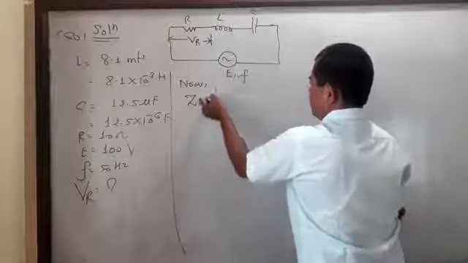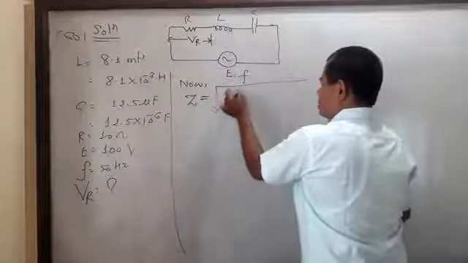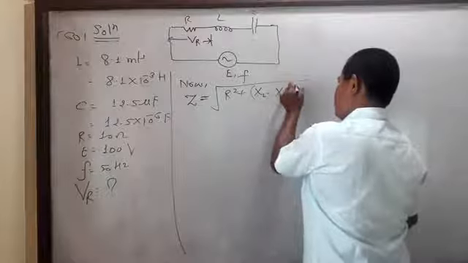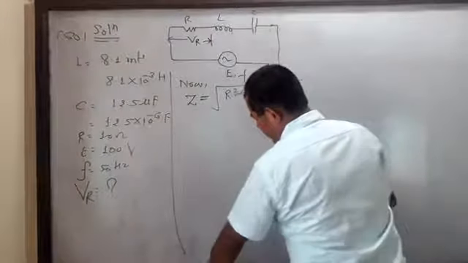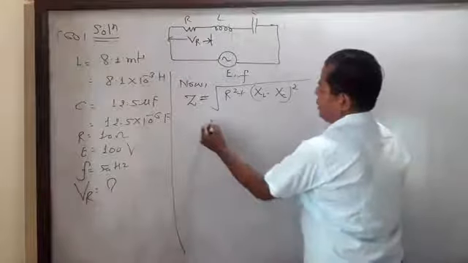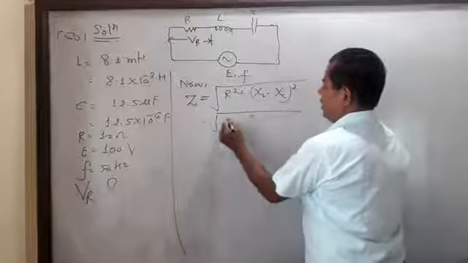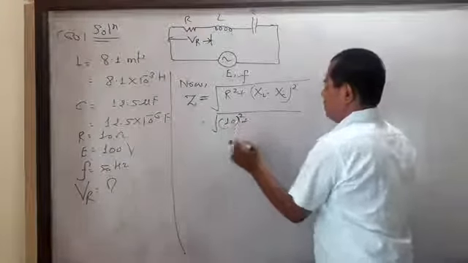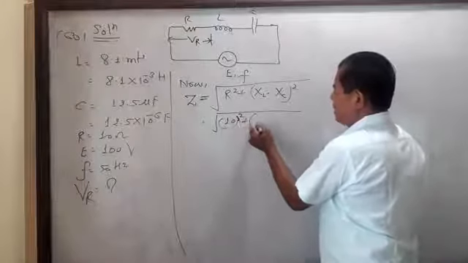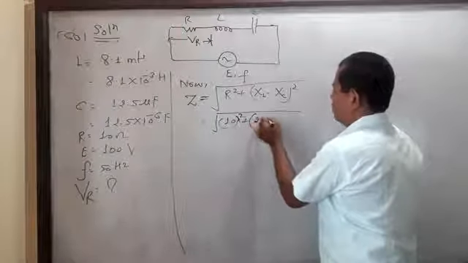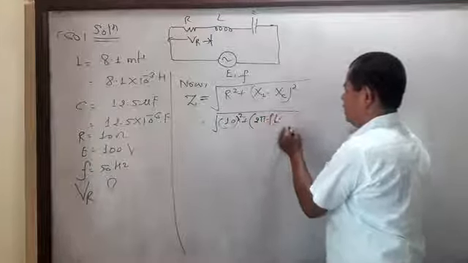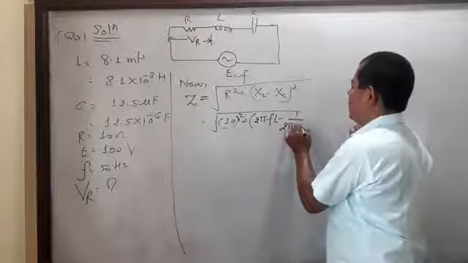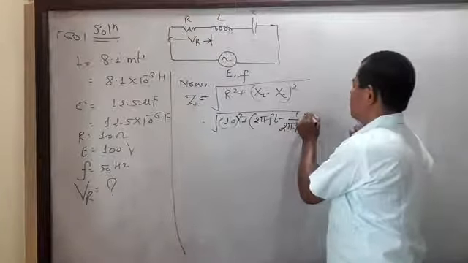Z is equal to root under R square plus (XL minus XC) whole square, and R has value 10 ohm. So 10 ohm whole square plus XL, which means 2 pi F L, that is omega L, minus XC, which is 1 by omega C, means 1 by 2 pi F C, whole square.